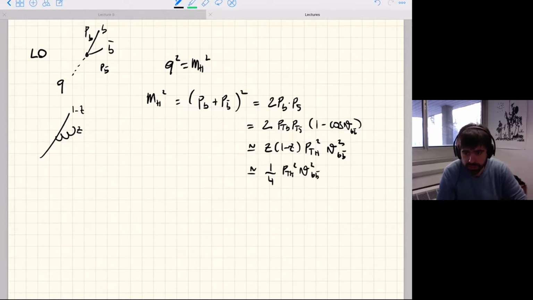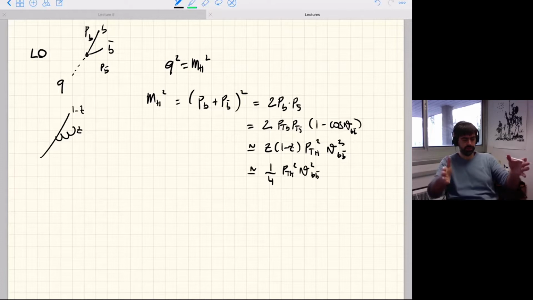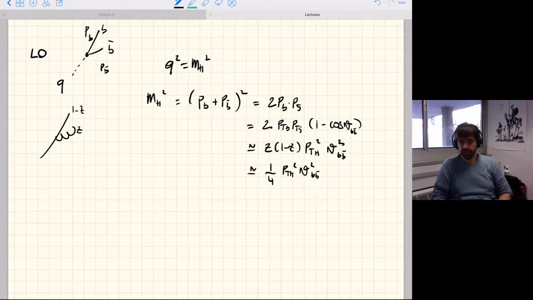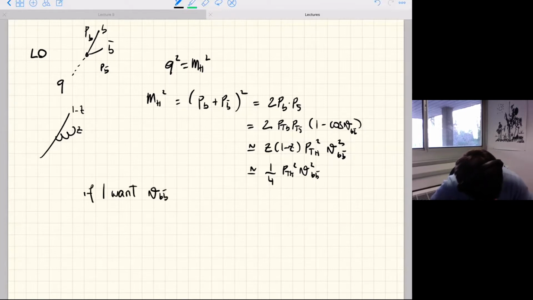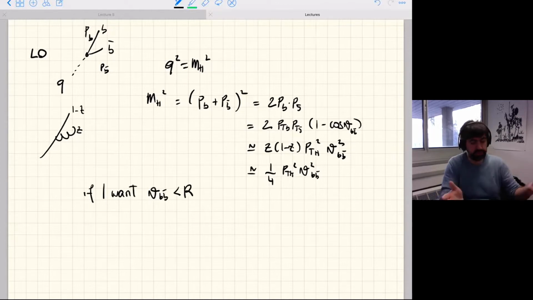And so you see that if I want the b and the b bar to be reconstructed in a jet of radius R, I need theta_bb bar to be less than R. This is the condition so that the two b's are reconstructed in the same jet.